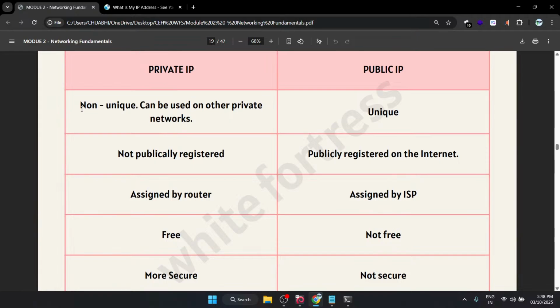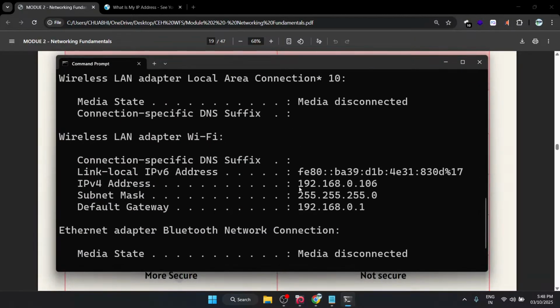So private IPs are non-unique IPs. Why are these non-unique? Because I have this particular IP over here, and your system might also have the same IP address at the same time.